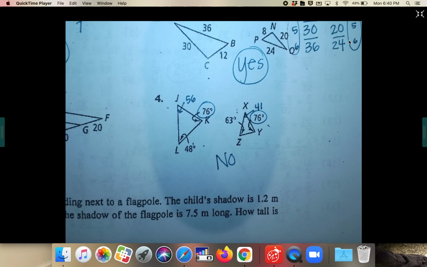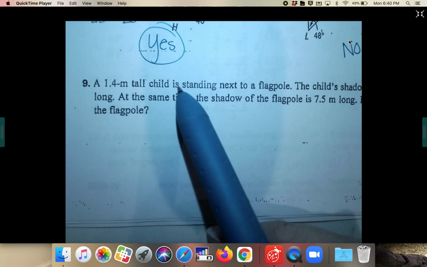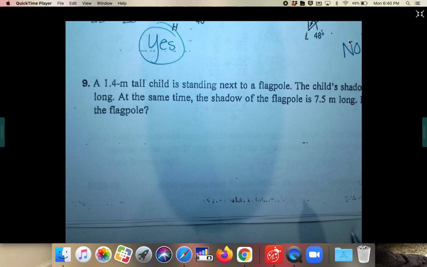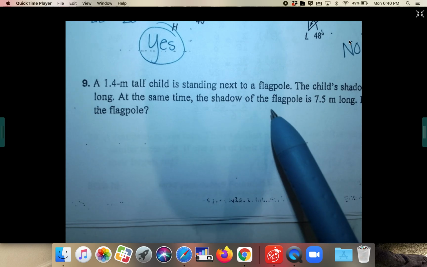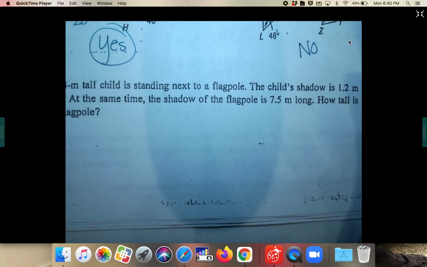Okay, let's move on and look at this word problem. It says a 1.4 meter tall child, so since we're measuring in metric units, is standing next to a flagpole. The child's shadow, okay, I'm already going to have to draw this out.